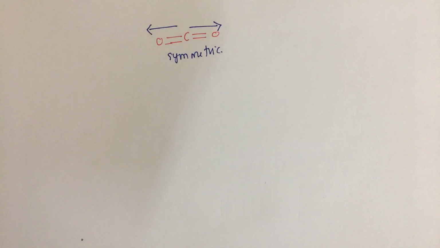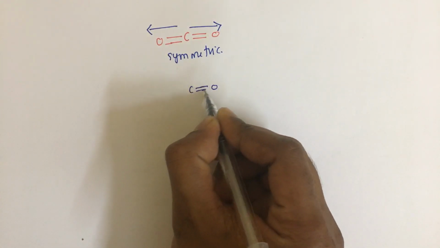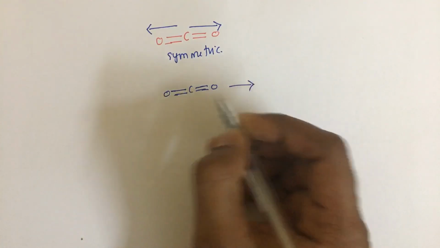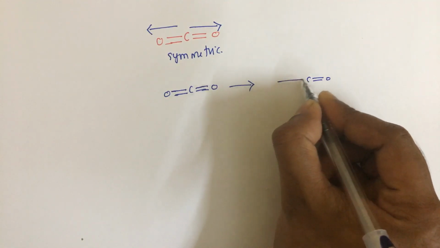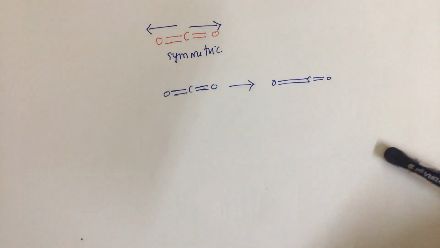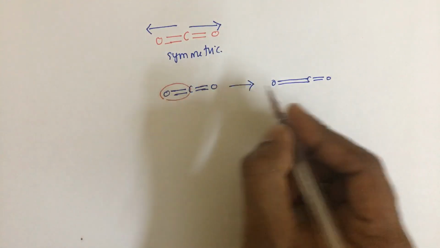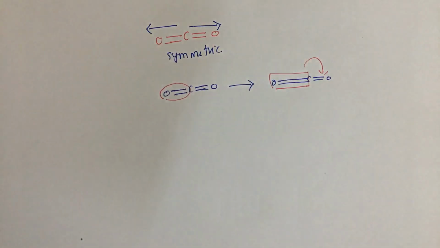Okay, so now we'll go for the asymmetric. Asymmetric means we'll keep one constant and stretch only one, the other one we keep constant, like this. So this is asymmetric, and whatever change is produced here after stretching, that will get cancelled by this one.